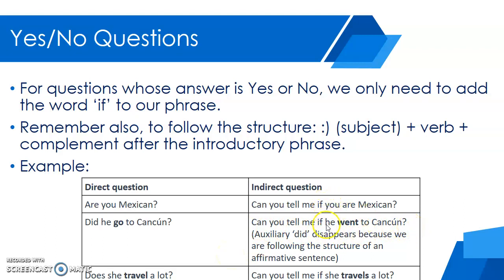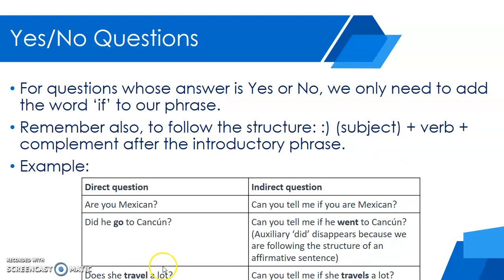If you see, in both cases we have if, subject, and immediately the verb to be. If we're referring to something in the past, we use the verb in past. There's no auxiliary did, it disappears because we're following the structure of an affirmative sentence. This is no longer a question.